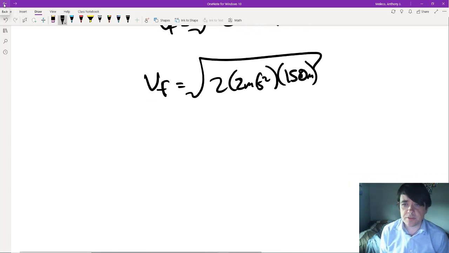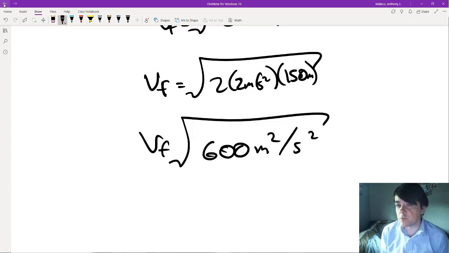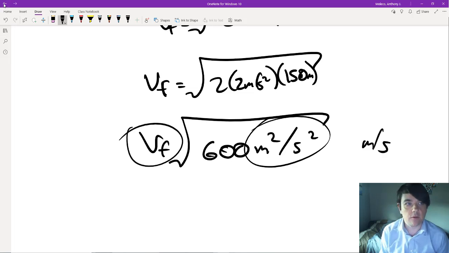Now when we multiply units here, so this will be v final equals 2 times 2 is 4, 4 times 15 is 60, 60 plus the other 0 is 600. So this will be 600 meter squared per second squared, which is good because when we take the square root here, this will turn into meters per second, which is what we need for v final.